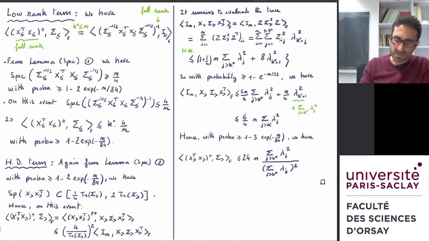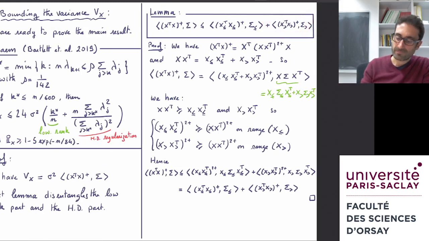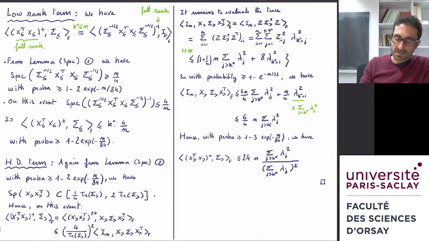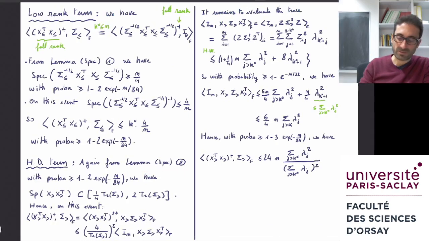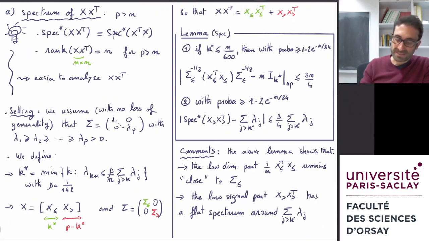So now, let us move to the high-dimensional term, which is the second term in my upper bound. Again, we will use the lemma on the spectrum. So let us look at this lemma. What does it say?